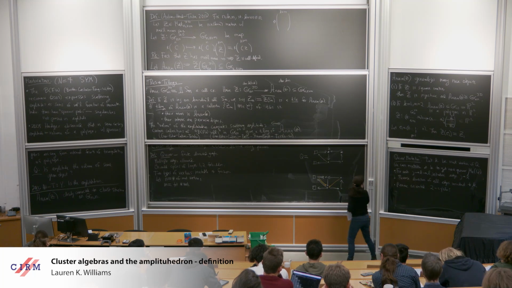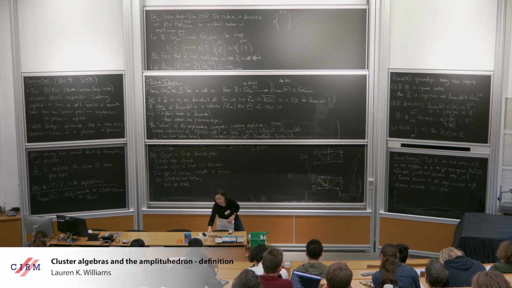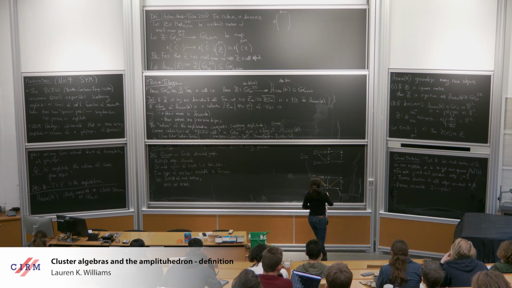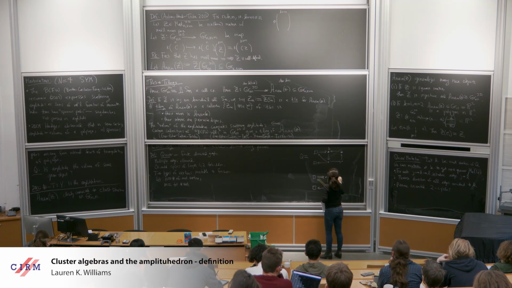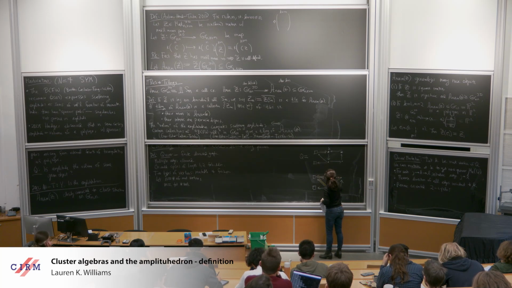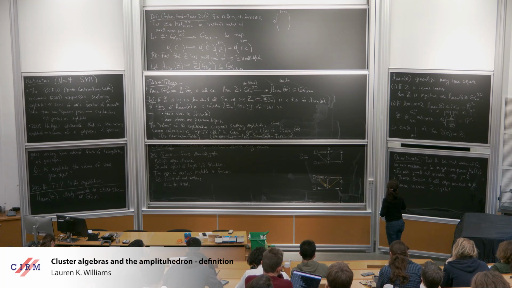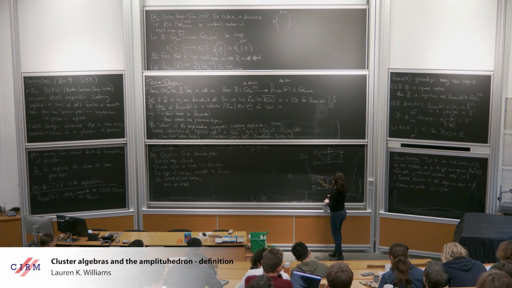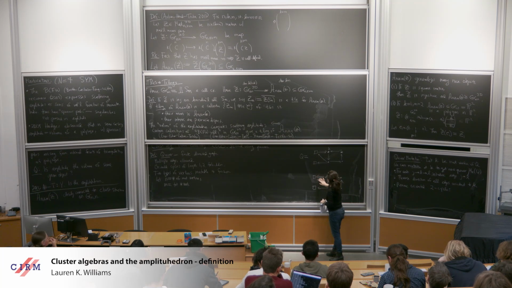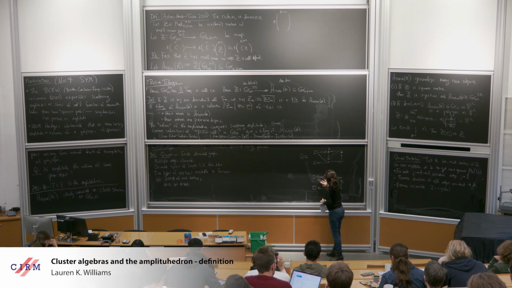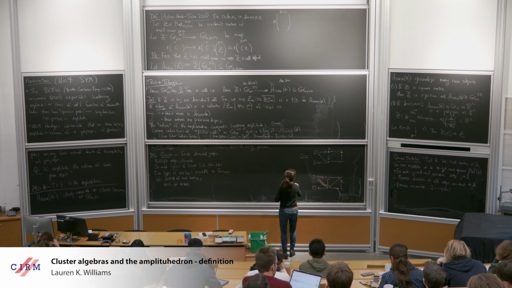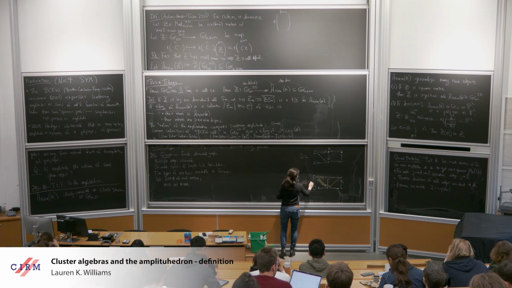Now I reverse the direction of all edges incident to k. So this one will go the other way. These will go the other way. This goes the other way. And now finally I remove oriented 2 cycles, and I have an oriented 2 cycle here. So I can cancel this white arrow with one of the orange ones. And this is what I have left. So this is mu sub k of q.